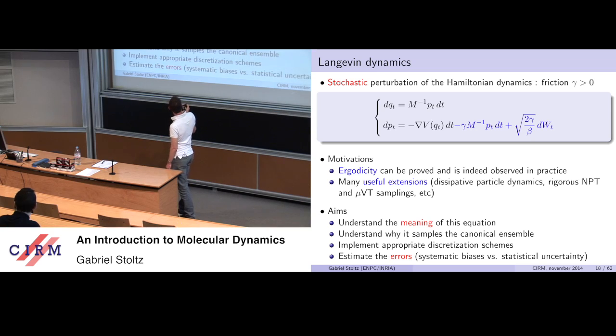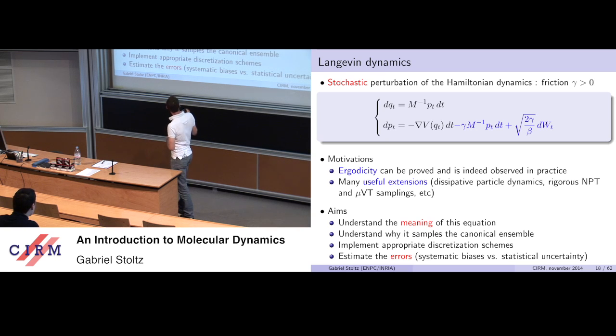This is the reason why you add two terms to the Hamiltonian dynamics. One is a friction term, which is proportional to the velocity. That's really physically a friction, a dissipative force which will allow the energy to decrease. And you compensate by adding some random fluctuation term which will allow energy to grow up again.